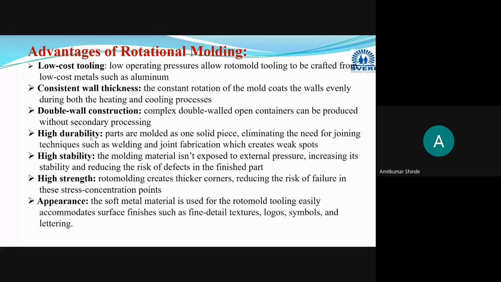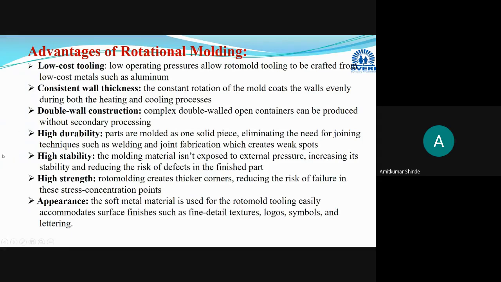Whichever water storage tanks we are using for storing the water in our home, you can clearly see that they may last for 20, 30 years easily. They are having high durability, high stability, means there will not be any kind of change in their shape and size due to the external factors.